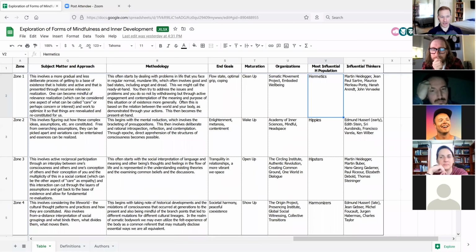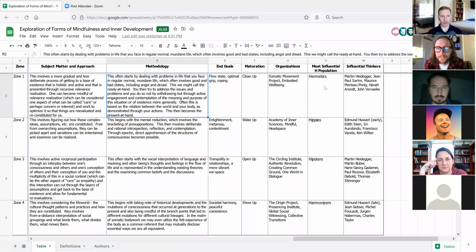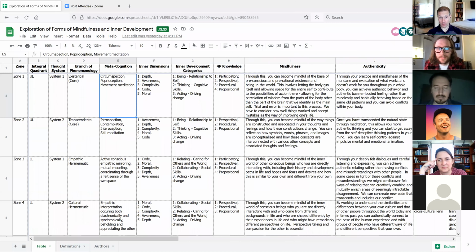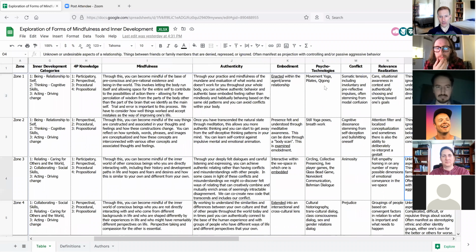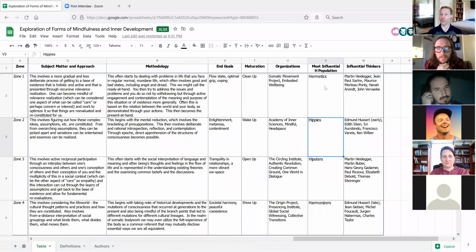I don't know what you guys think here. I would imagine it's probably not quite so controversial that hermetics are correlated with, if we go all the way over here, depth, and that code is correlated with the hipsters, and that hippies in turn are correlated with this new dimension that we're talking about, the awareness, right?